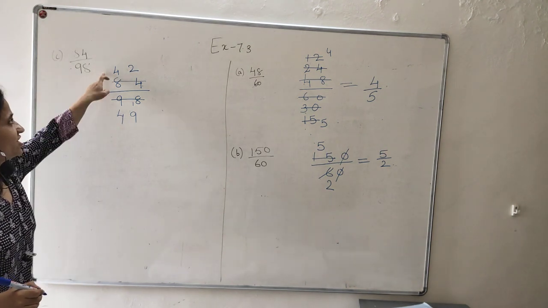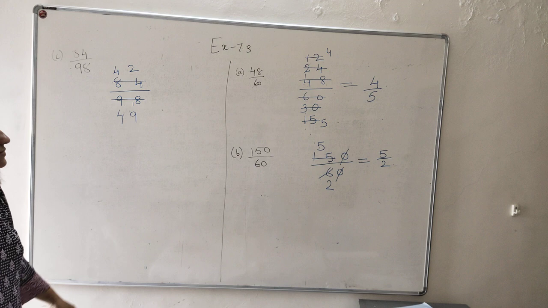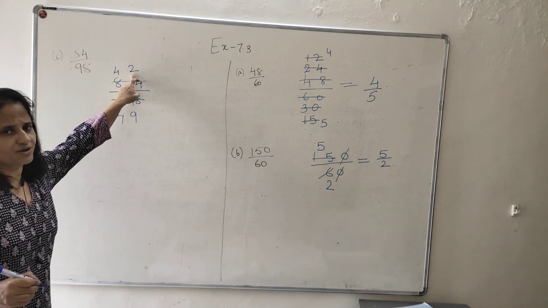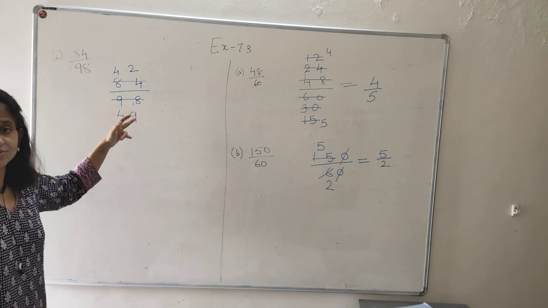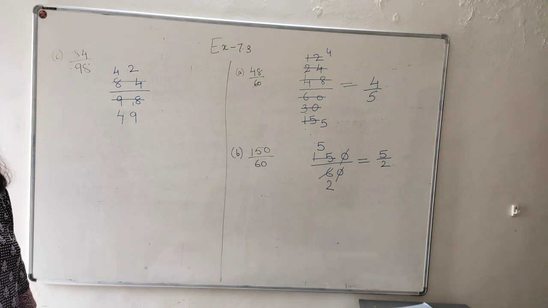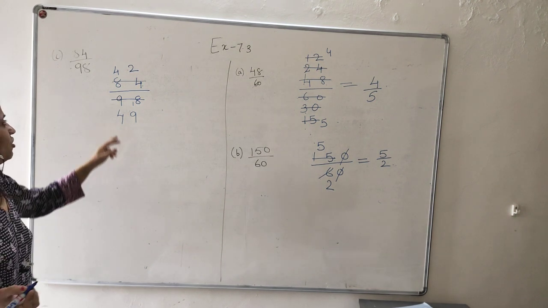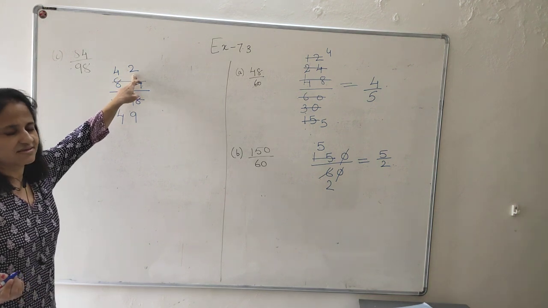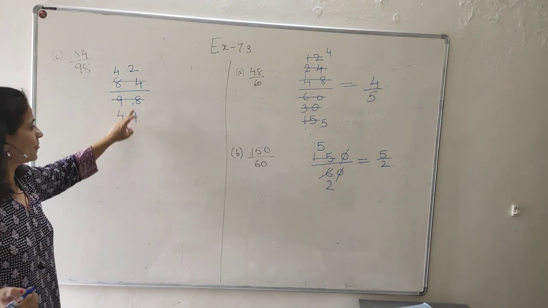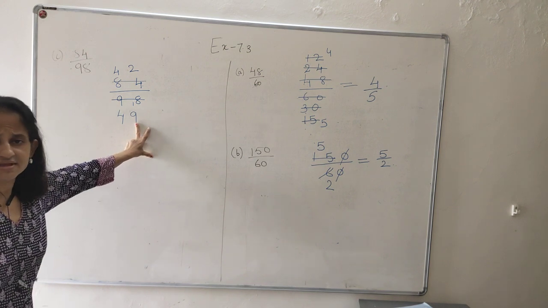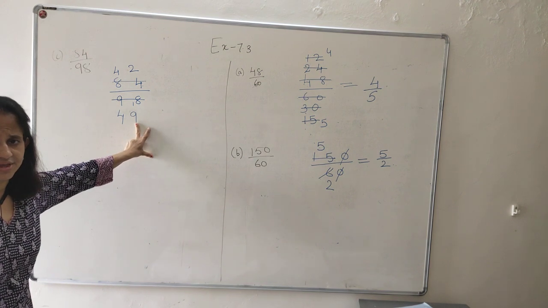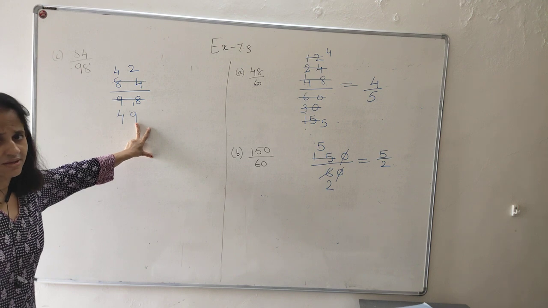Now 42 and 49. 42 is divisible by 2 because last digit is 2. But 9? No. So 2 is not the common factor. Think about 3. 4 plus 2? 6. Yes, it is divisible by 3. But what about 4 plus 9? It is 13. 13 does not come in the table of 3. So no way.